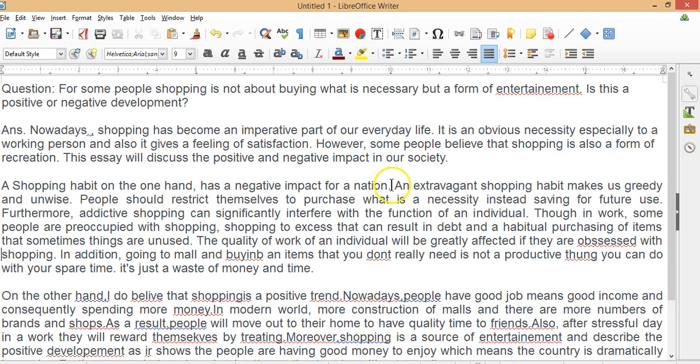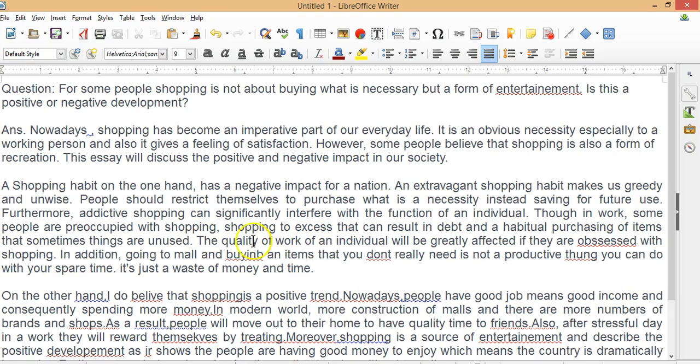So a shopping habit has a negative impact, makes us greedy and unwise, which is a negative, I would imagine. I'm not quite sure what this means. Addictive shopping can interfere with the function of an individual. Well, which is pretty similar to what you've said there. Though in work, some people are preoccupied with shopping to excess, and they're happy to purchase items going unused.